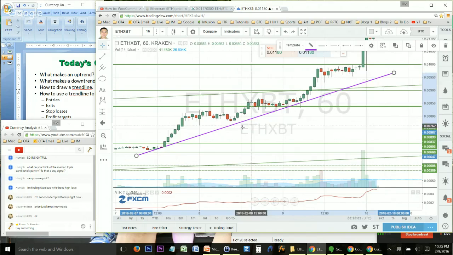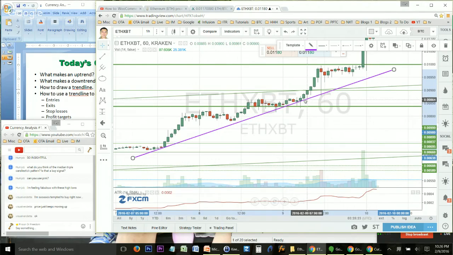So if you draw it here and here, you'll see that it touches that corner, that tail, that one, and that one. So there's 4 points right there. And then if I touch it here, right, it touches that corner and that corner, that wick, that tail right there, and that tail right there.